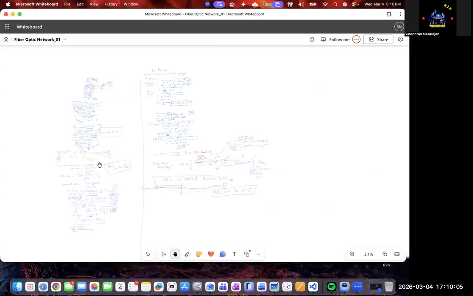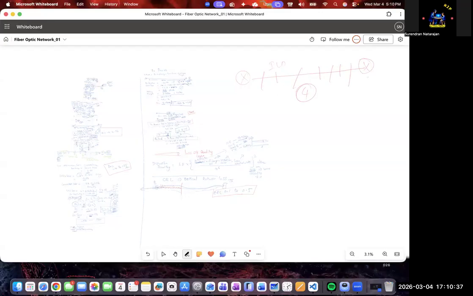A span is inside a link; there are multiple spans inside a link. This one is city A and this is city B, final origin, final destination. In between, you installed 2 or 3 amplifiers, ILAs, so we have 1, 2, 3, 4 spans.